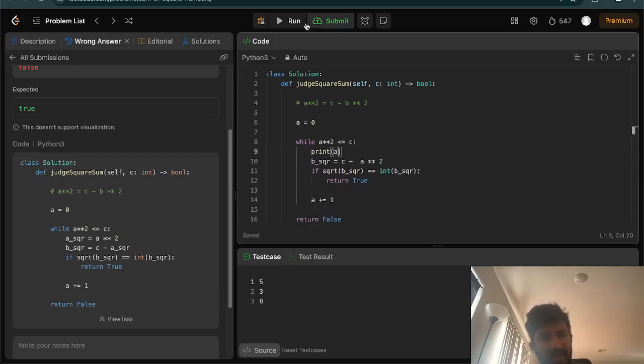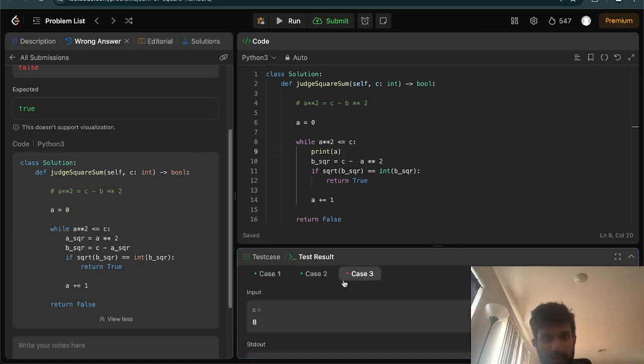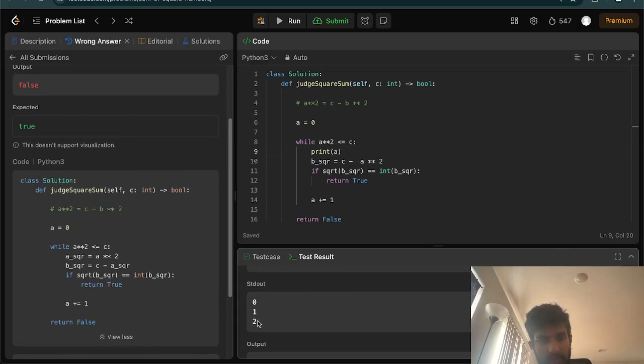I'm surprised that we didn't get to the a that is as close to what we're looking for. Oh, square, square. Oh, wow.